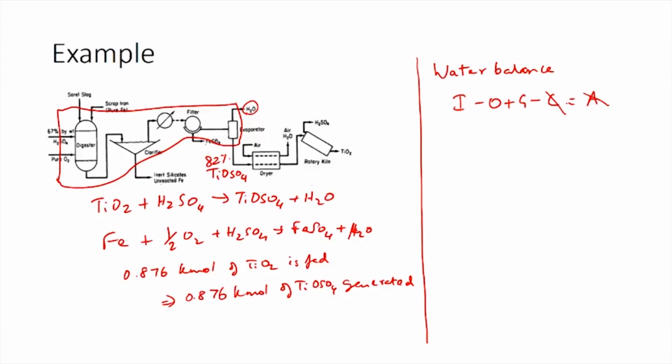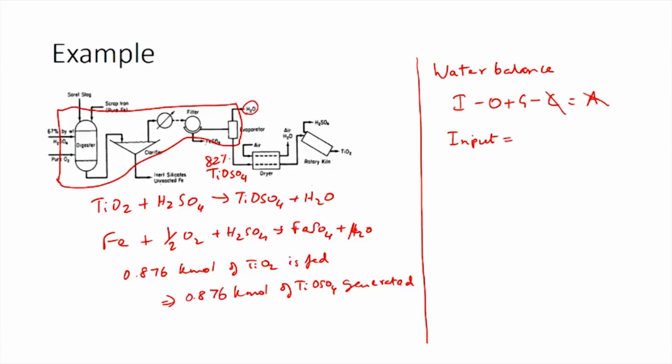So, we need to calculate the output through the water vapor stream. So, this output has two streams, one is your TiO-SO4 slurry stream and the other is your H2O stream which is the water vapor. So, input water needs to be calculated first.